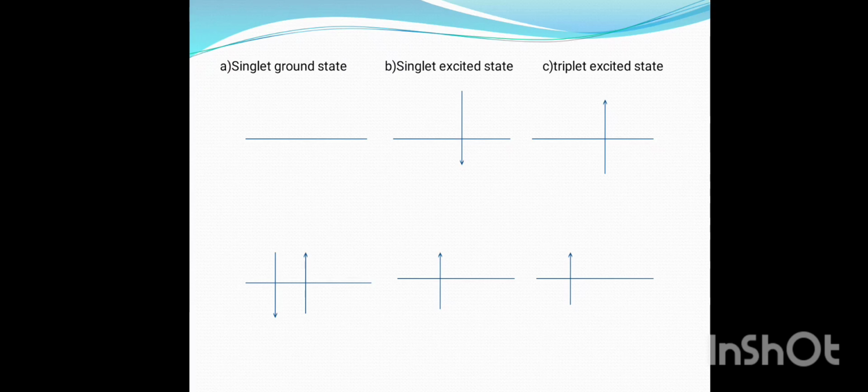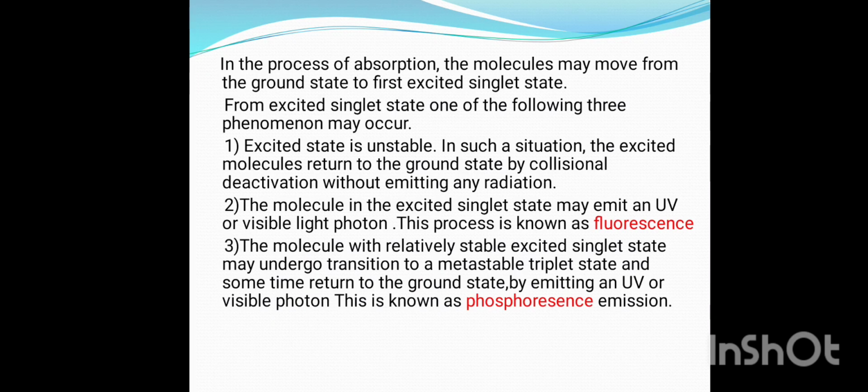In the ground state, the electrons are paired and are in the singlet state. In the excited singlet state, one of the paired electrons gets excited from the ground state to the excited singlet state. From the excited singlet state, there is a possibility that at the metastable excited state, it may go to the triplet state. From the excited singlet state, one of three phenomena may occur.